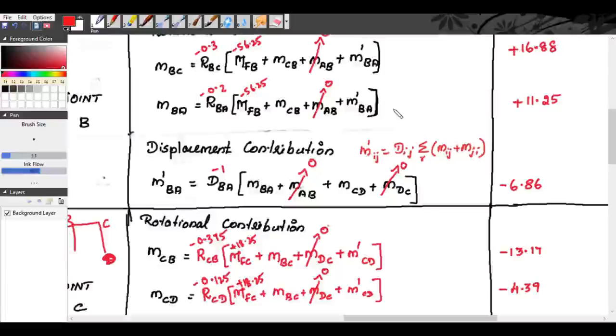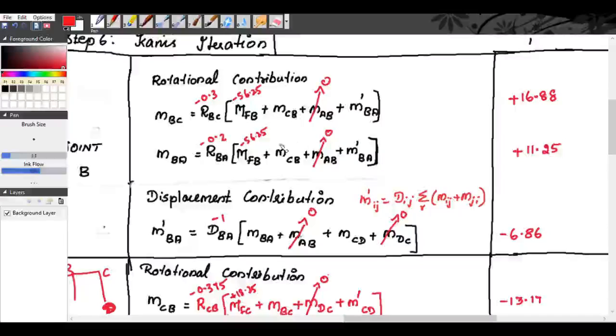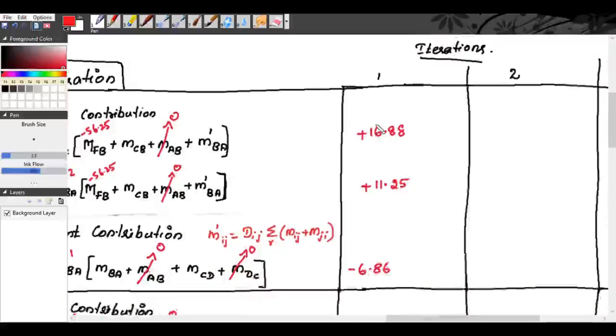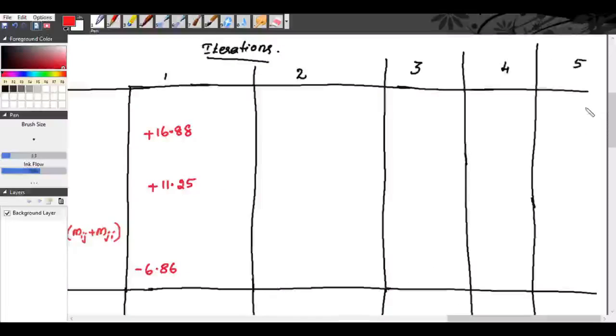That you have to use for each calculation. Okay. So you can solve it, and continue up to iteration 5. I will write the values in the Kani's cycle. You have to calculate it here and you have to write the values. You please check it.